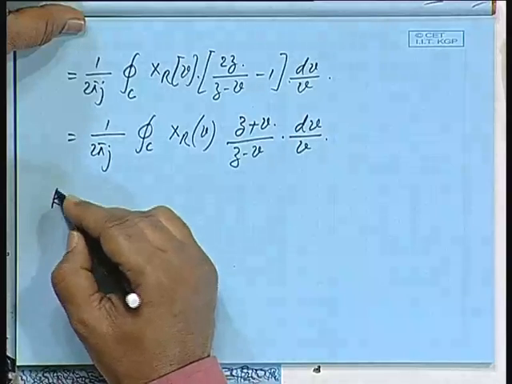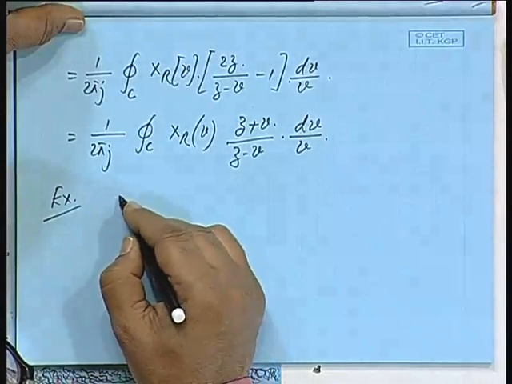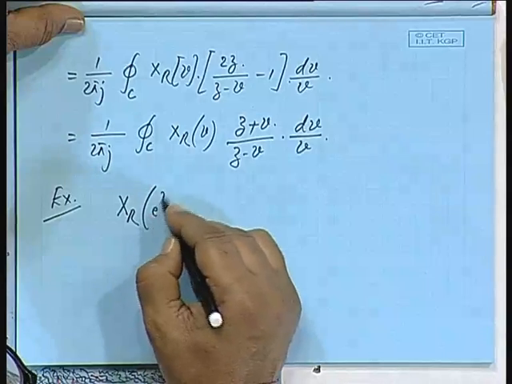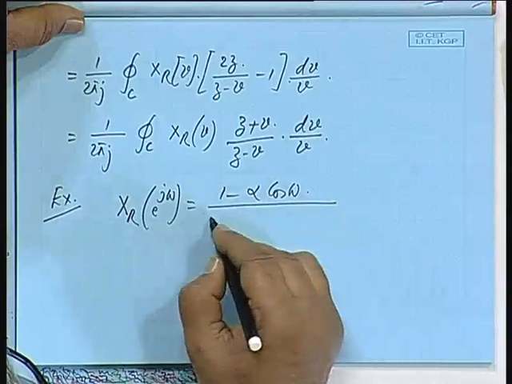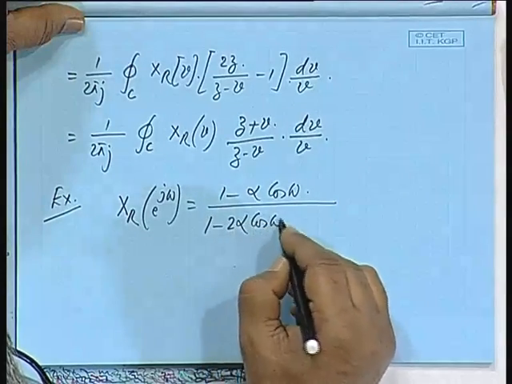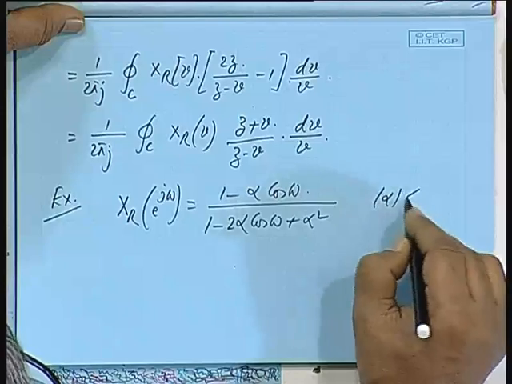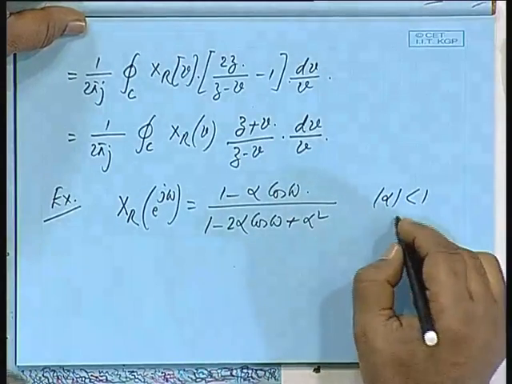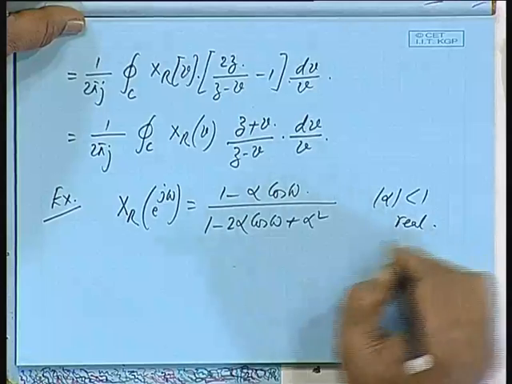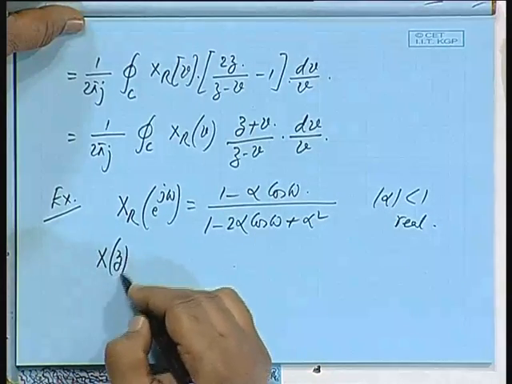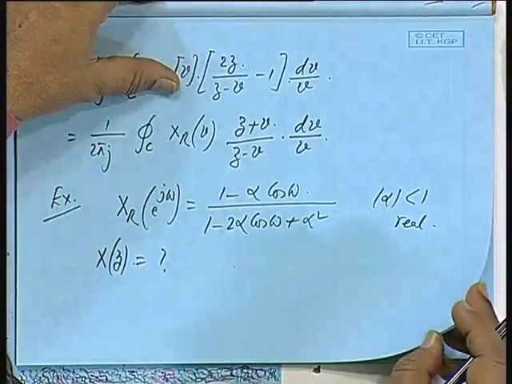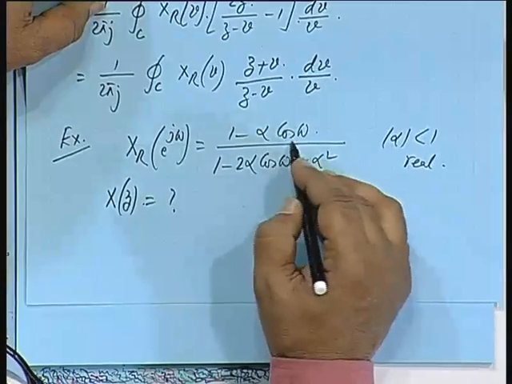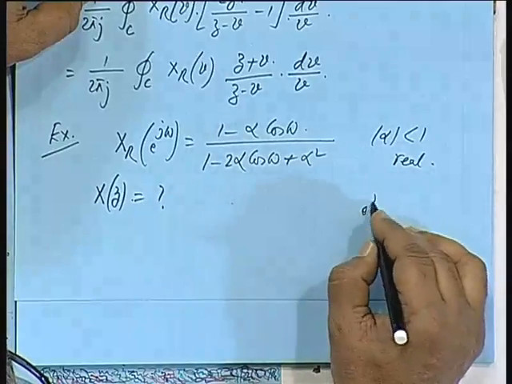Let us work out an example. Let X_R be given as 1 minus alpha cosine omega by 1 minus 2 alpha cosine omega plus alpha squared. Alpha magnitude is less than 1 and it is real. Compute X(z). Now, before we go for the evaluation of X(z), let us express this in the exponential form of e to the power j omega.